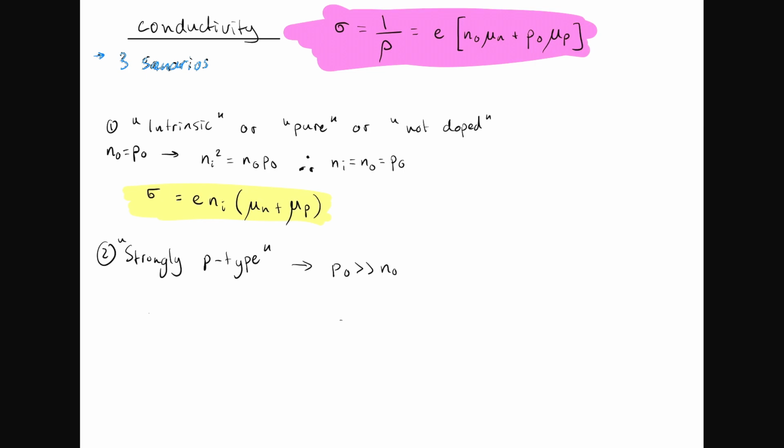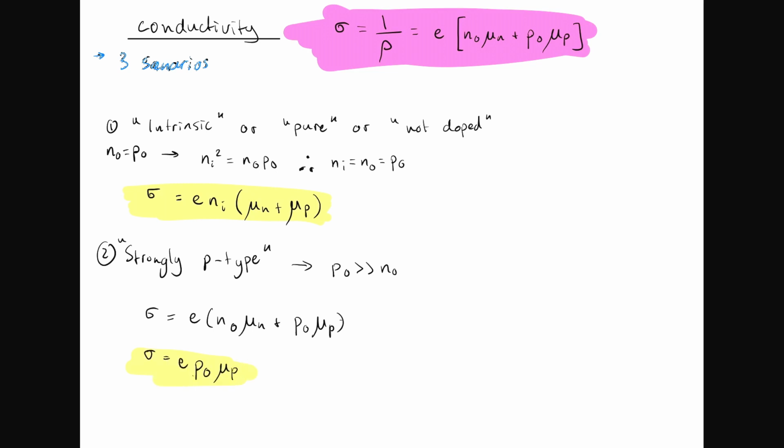And then sigma here becomes e, remember it was e n0 mu n, right? Plus p0 mu p. But now, because of this relationship here, this n0 essentially becomes negligible. So sigma here will be equal to e p0 mu p. So this is the second variation of the equation.